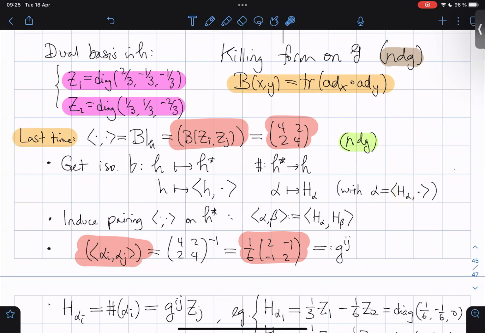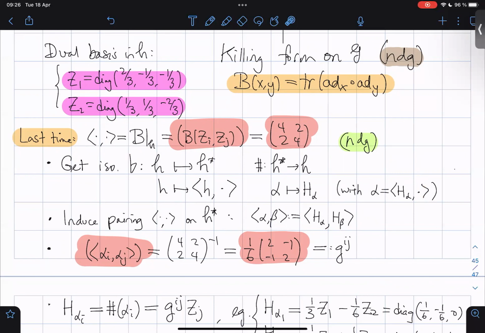Finally, once you have such non-degenerate forms, you could induce corresponding pairings on the dual space, namely the pairing between alpha and beta. You take the corresponding vectors and pair them up using this pairing over here. Whatever value you have there, that's what you define to be this. So there are some definitions to get through if you're not used to playing around with these dual spaces.